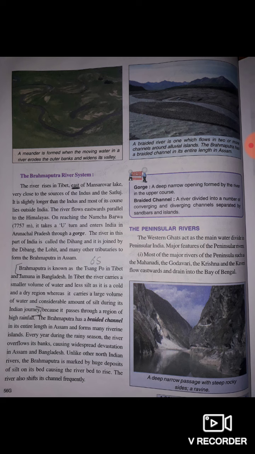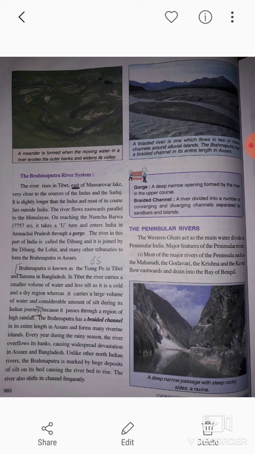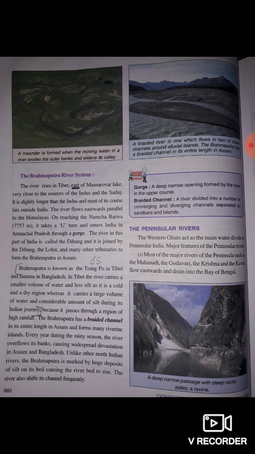So we have discussed the Brahmaputra river system. It rises east of the Mansarovar lake, near the main sources of Indus and Satluj. It is slightly longer than the Indus, and it flows eastward and parallel to the Himalayas.